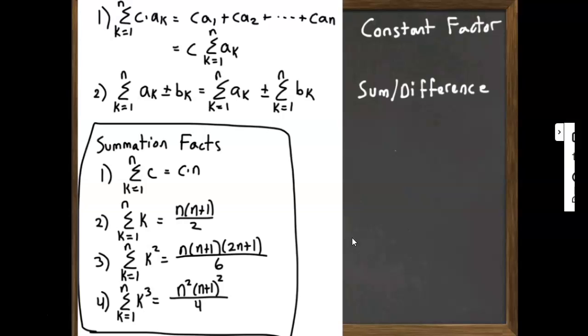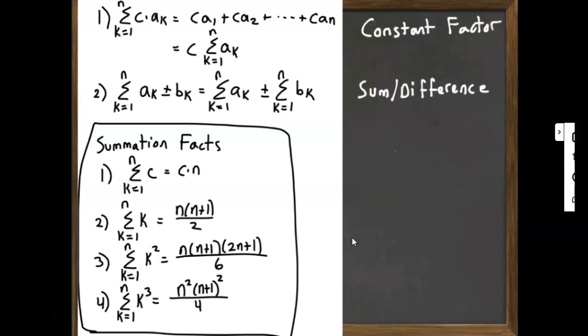So this is our sum difference rule. We're allowed to distribute a sum across addition or subtraction. That idea does not work with multiplication or division, but it does work for addition and subtraction.